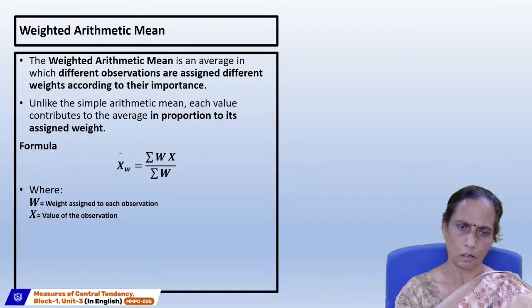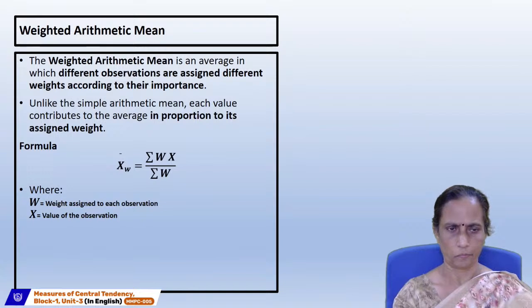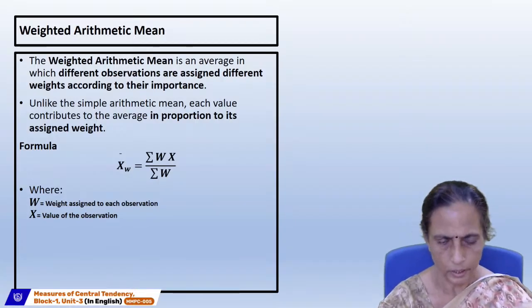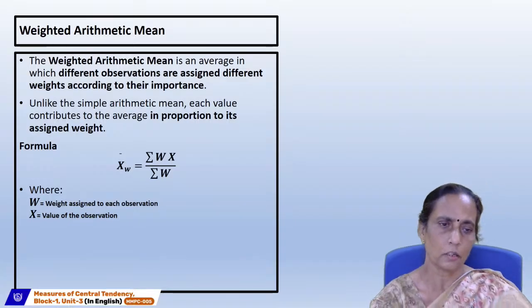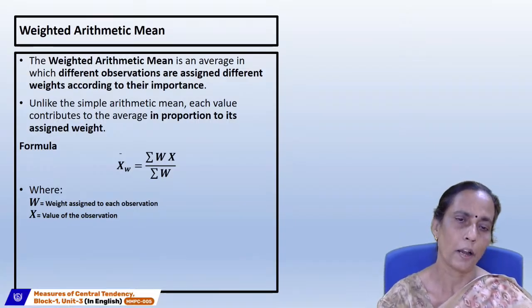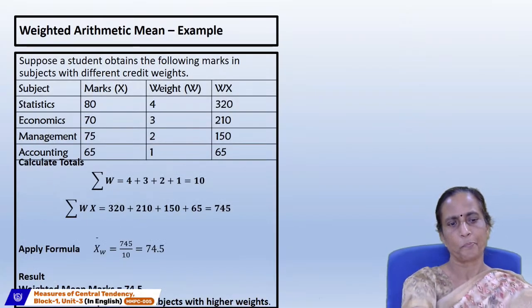Adding all this and dividing by 4 plus 3 plus 2 plus 1, that is 10, gives your grade point. So while calculating grades, it is done like that. This is the average used while deciding your CGPA and SGPA.